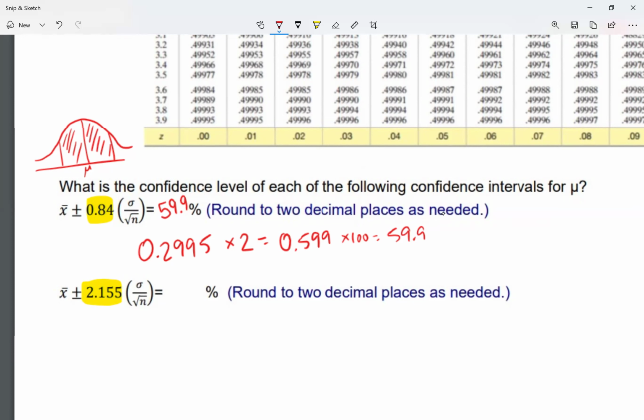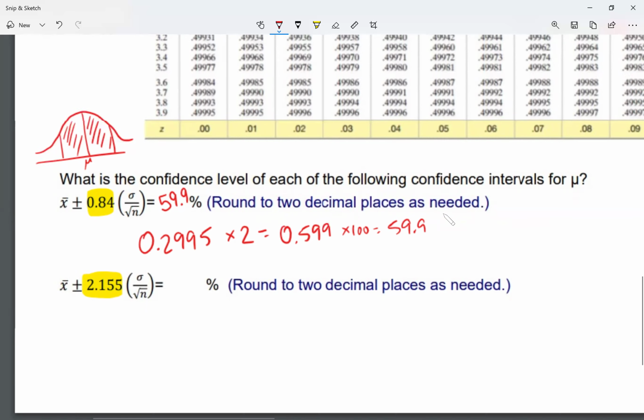Here it says round to 2 decimal places as needed. I only have 1 decimal place. That's fine. I'm going to leave it as 1. It says as needed. So what if I have more than 2 decimal places?